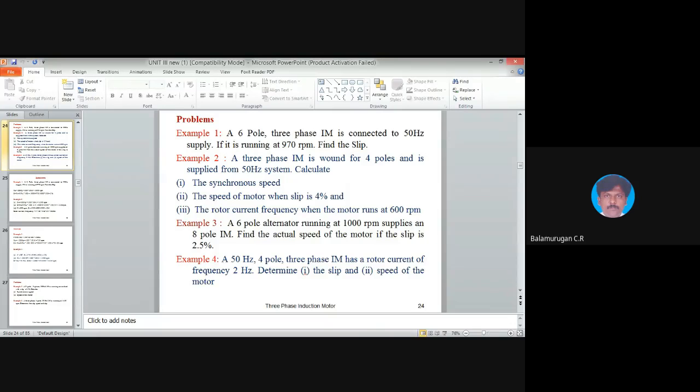Second, you are supposed to calculate the n value. You are supposed to calculate n. So you find the synchronous speed first of all. So for this 4 pole, you are supposed to calculate the synchronous speed. So 120 into 50 divided by 4. So calculate the synchronous speed, then you come to the slip formula.